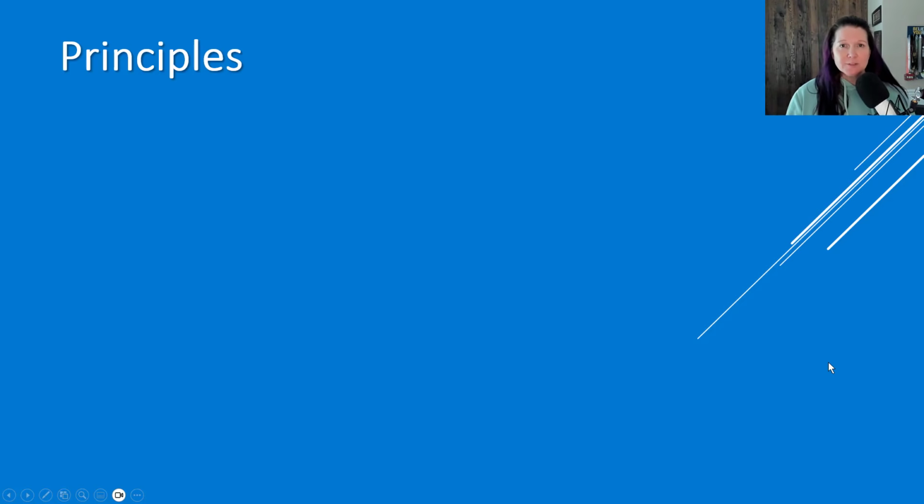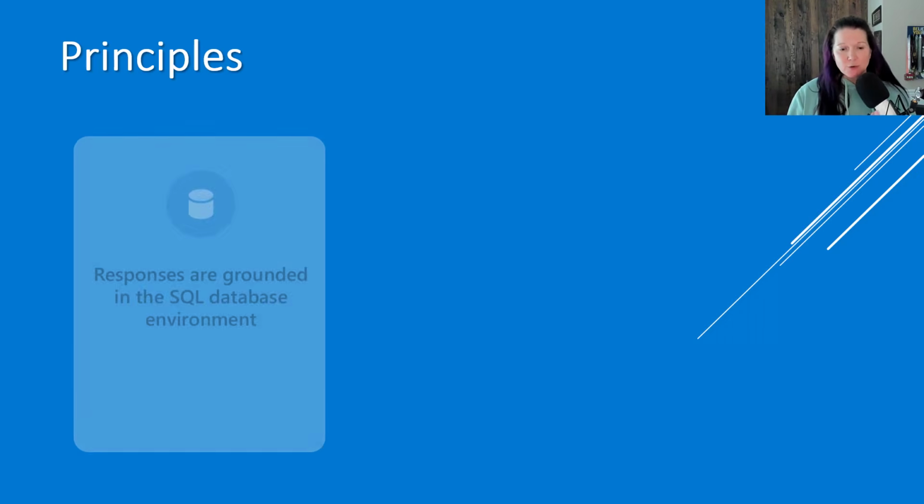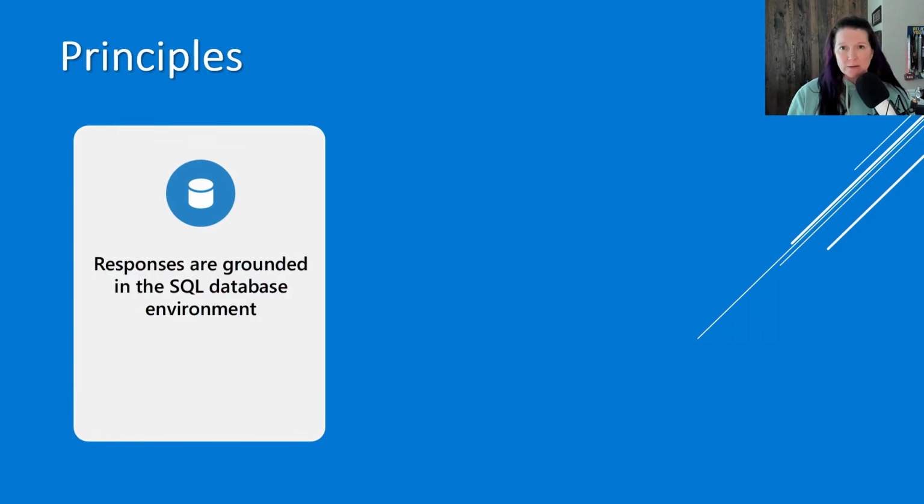One of the first principles for Copilot in SSMS, and one reason why I think that it's so good, quite frankly, is that the responses are grounded in your connection. So we understand that you're connected to a particular flavor or version, a flavor is the word that I tend to use, or offering, for SQL Server, whether that's Azure SQL Database, whether that's Azure Managed Instance, whether that's a particular release of SQL Server.